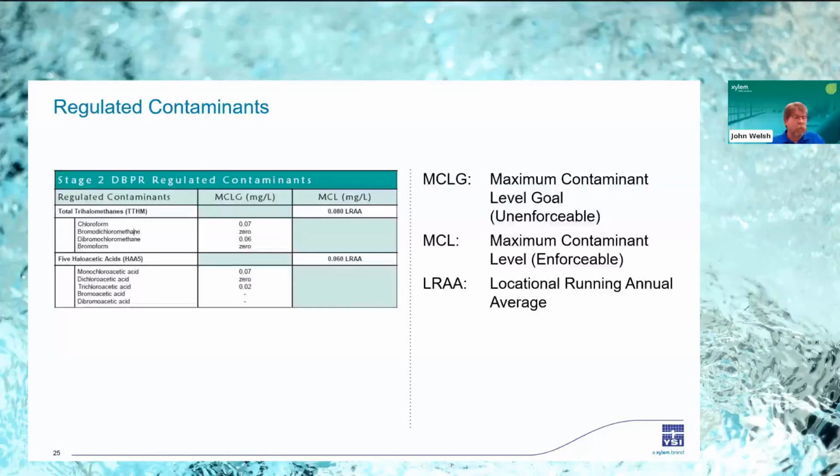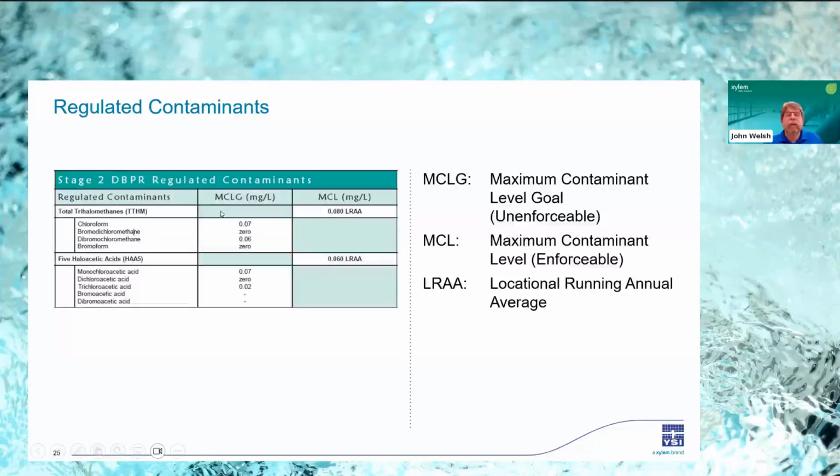Locational annual average, or running annual average, LRAA, means the average of sample analytical results for samples taken at a particular monitoring location during the previous 4 calendar quarters. So each one of these is taken once per quarter, added up, divided by 4.